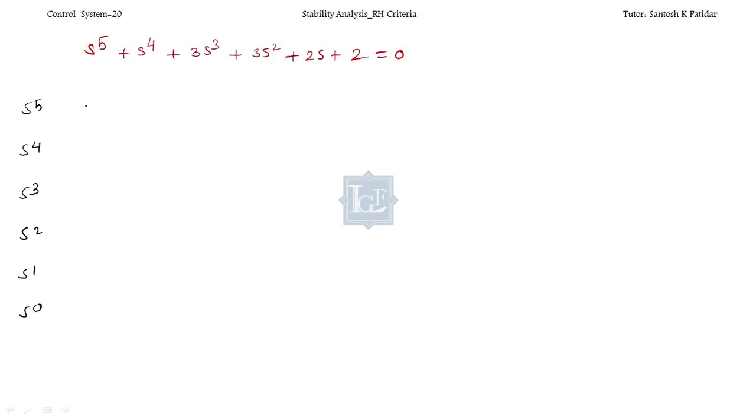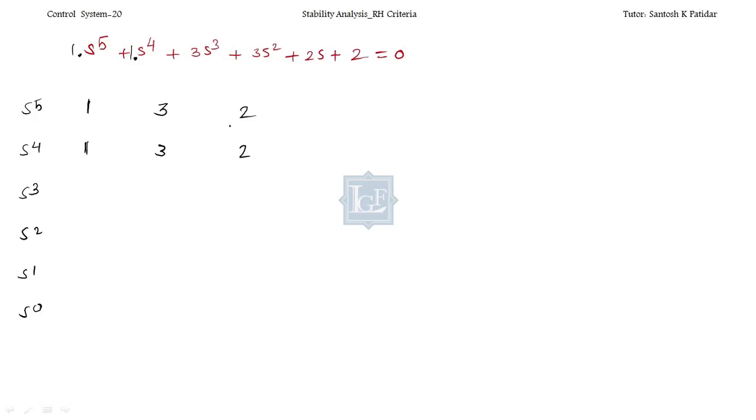Okay, so let's start. 1 over here, the coefficient of this s to the power 5, then the next one is 3, then the next one is 2. Is it okay? Now over here it's 1, then it's 3, then it's 2. Is it okay? So this next row will get 0.